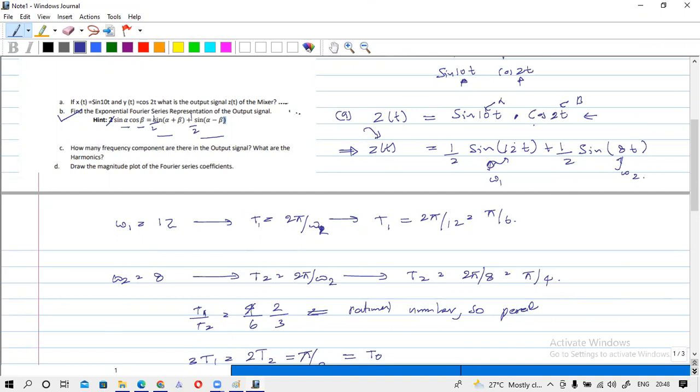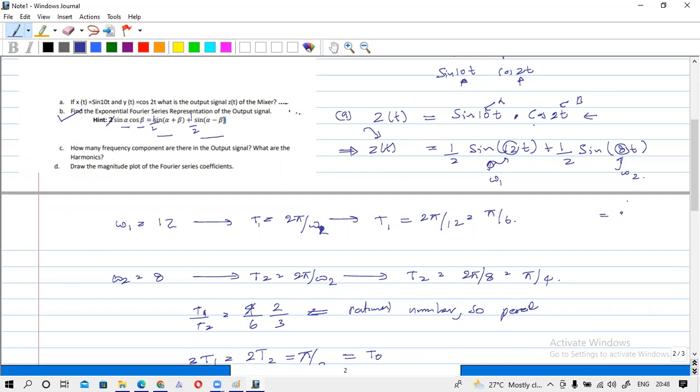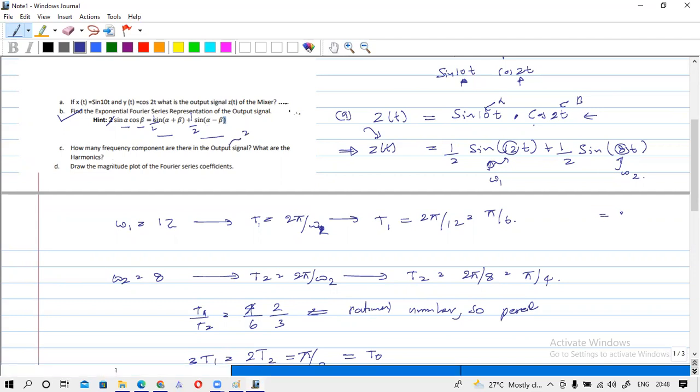You have this frequency component and you have this frequency component. These two are the frequency components we have, so we have two frequency components. And what are the harmonics?